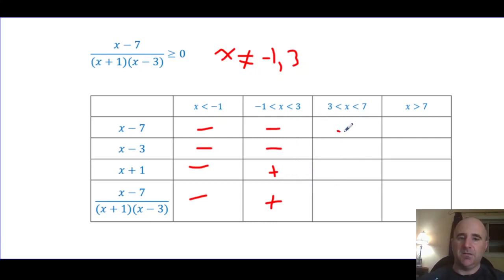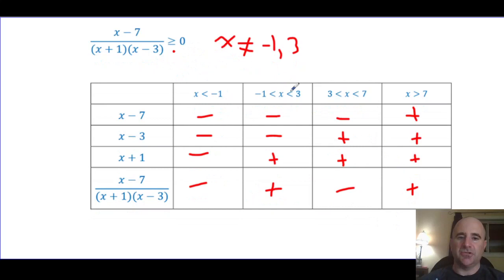It's going to be negative, positive, positive, and I get a negative result again. A number greater than 7, like 8, I'm going to get a positive, positive, positive, and so the final result is positive as well. Now we're interested in knowing when this is greater than or equal to 0.